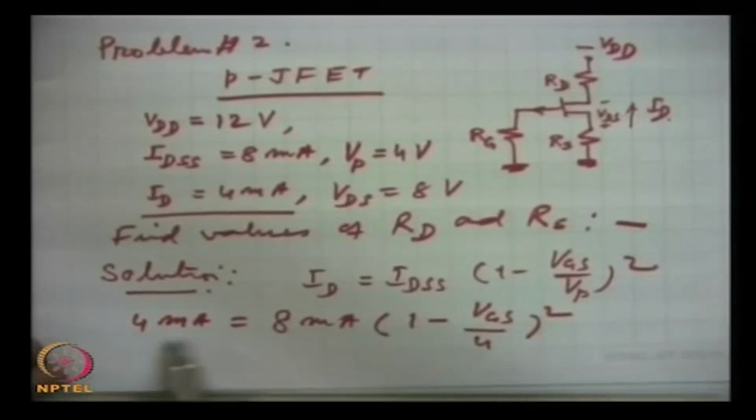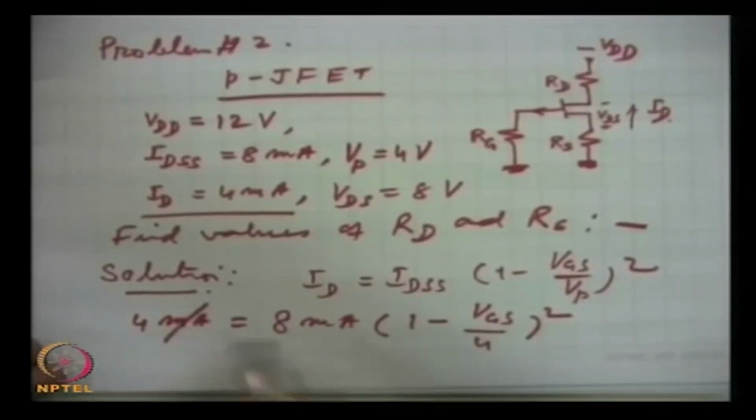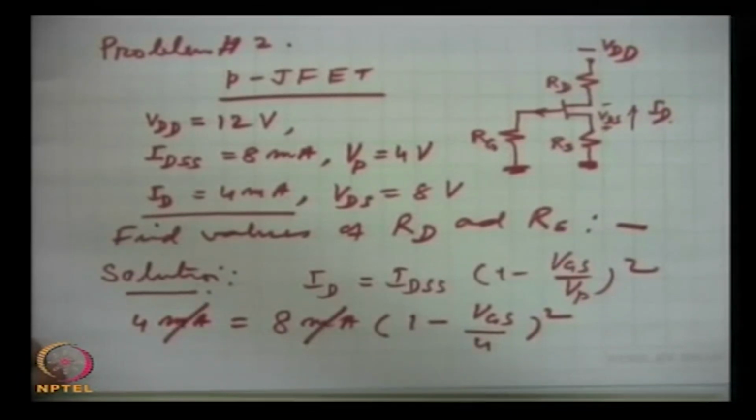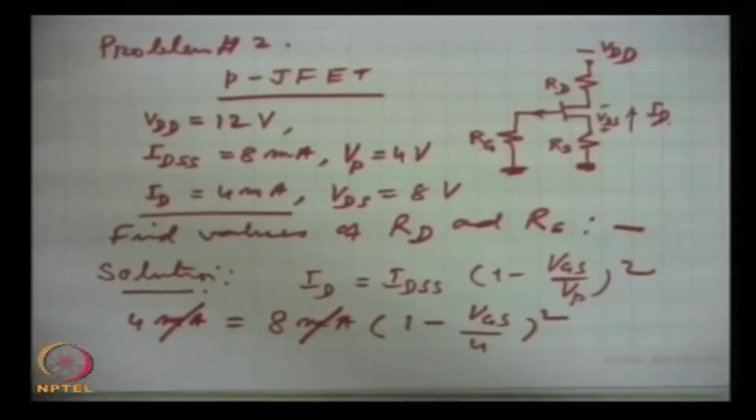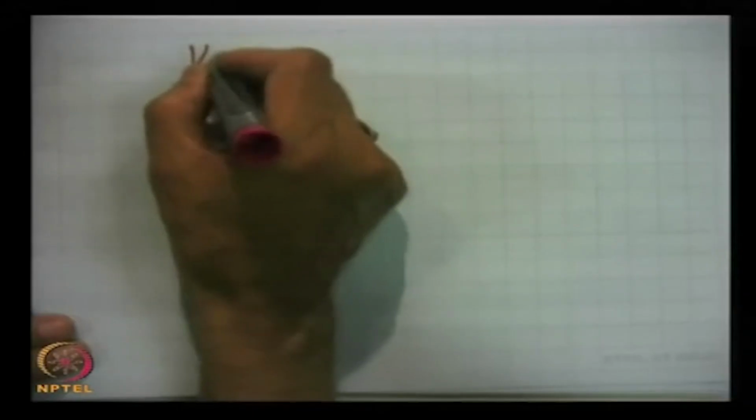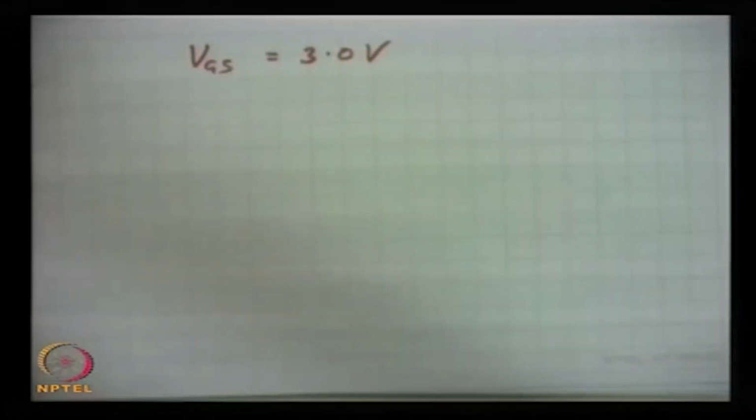The only unknown is VGS. The milliampere is cancelled, and it is a very simple calculation. From here we get VGS equal to 3 volts.